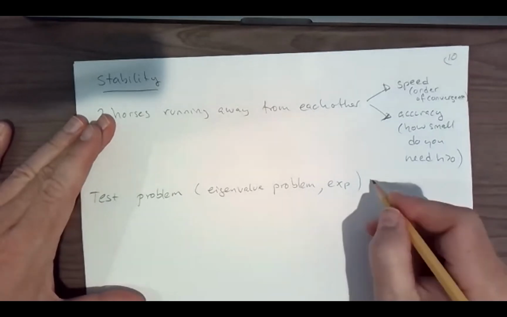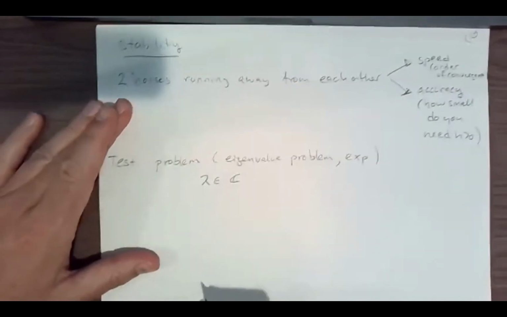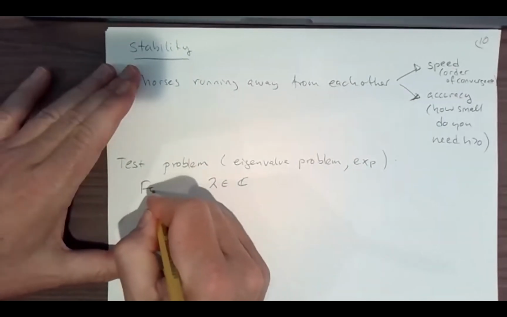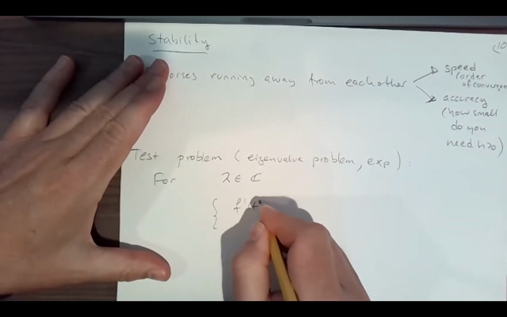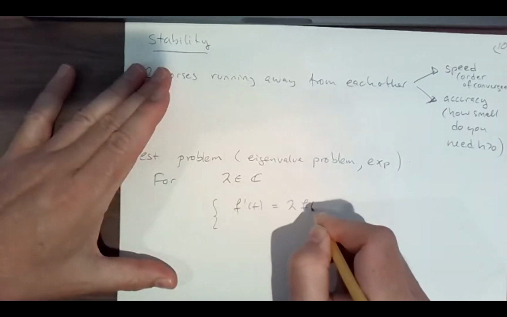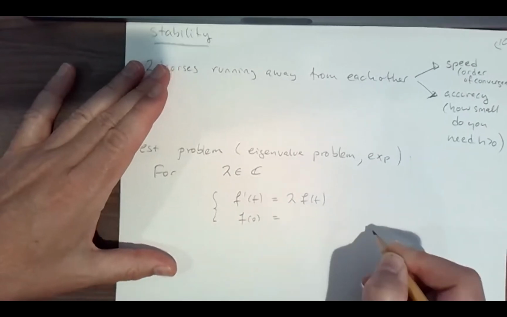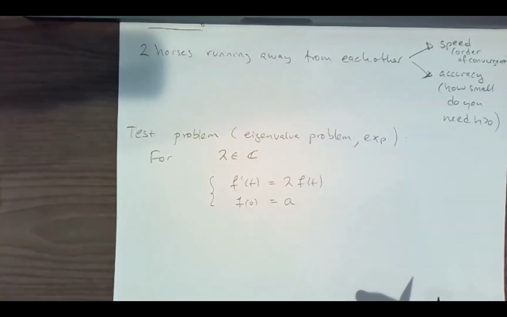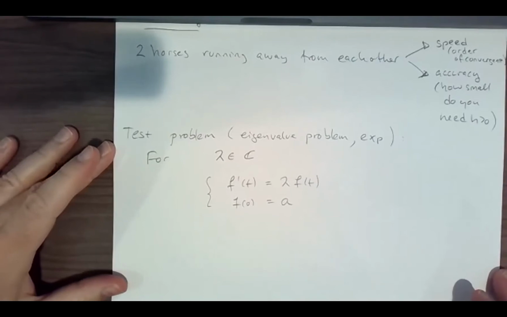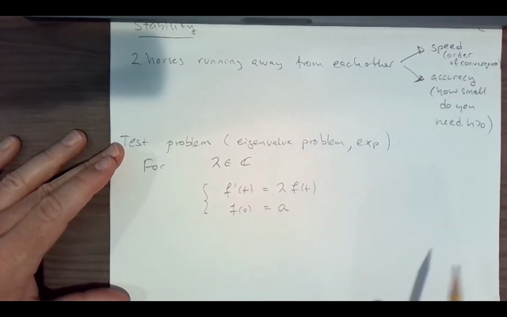You take a coefficient lambda, which is complex, and then you just consider the ODE: f prime of t is equal to lambda f of t, and then you look at f of 0, which is equal to a. So f prime is equal to lambda f. This is an exponential, and this is the initial point. It's just a.